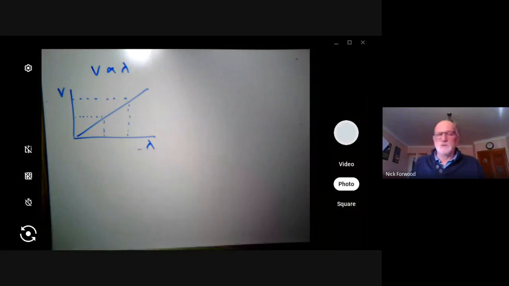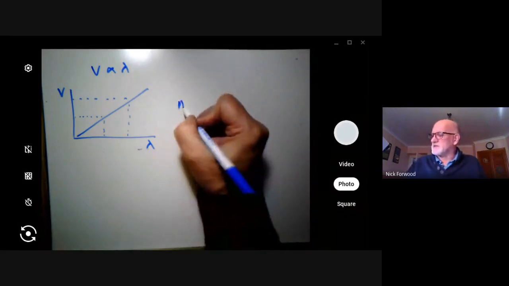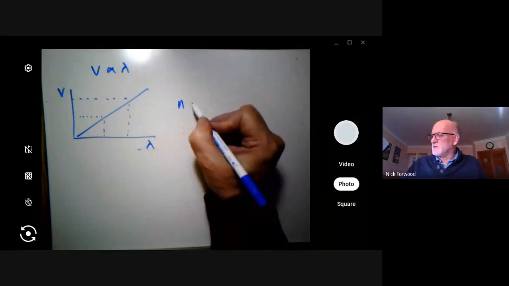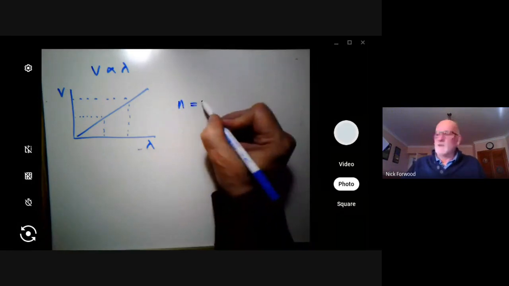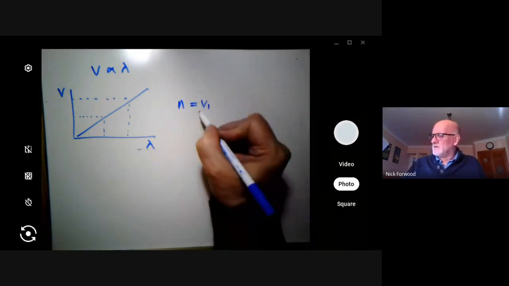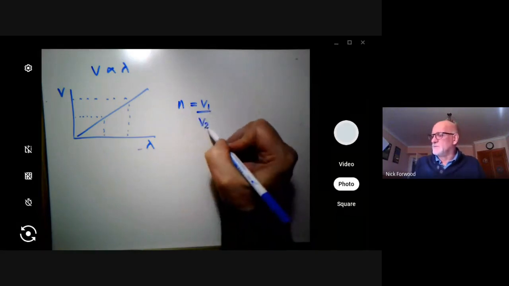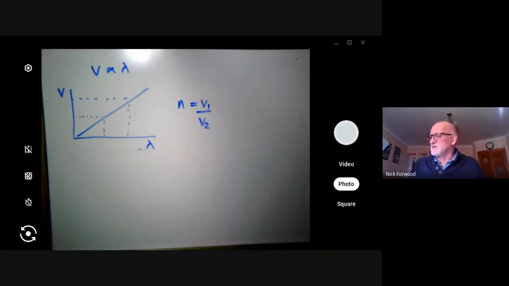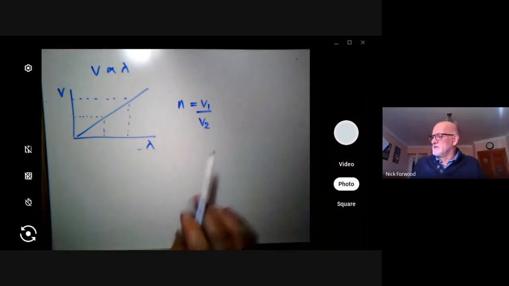Okay, so what we're going to say is that the refractive index is equal to V1 divided by V2. So whatever the velocity is outside, perhaps in air, compare it to the velocity inside. That would also be the refractive index.